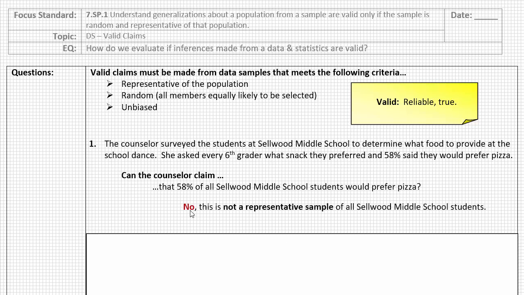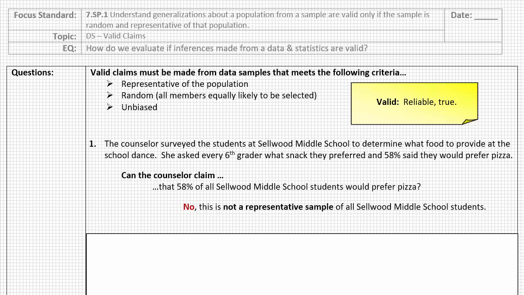I'd have to say no, and I hope you agree with me, because this is not a representative sample of all Selwood Middle School students. She asked every sixth grader, but at our middle school there are 6th, 7th, and 8th graders, so she left out 2/3 of the population. So it's not a representative sample because it doesn't include any 7th and 8th graders.